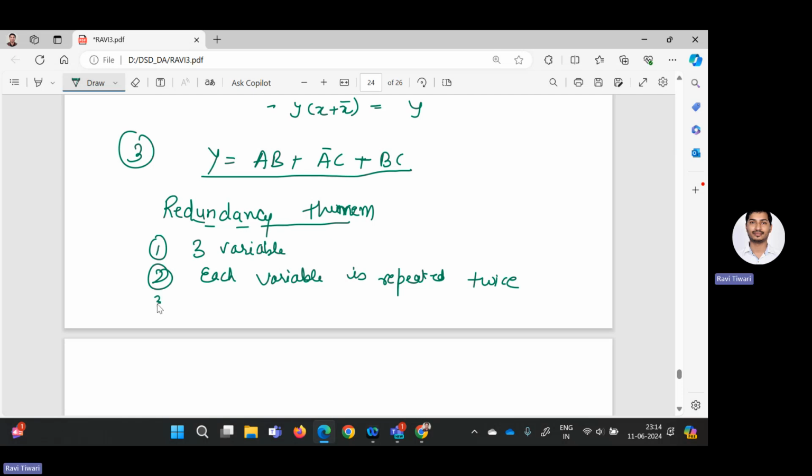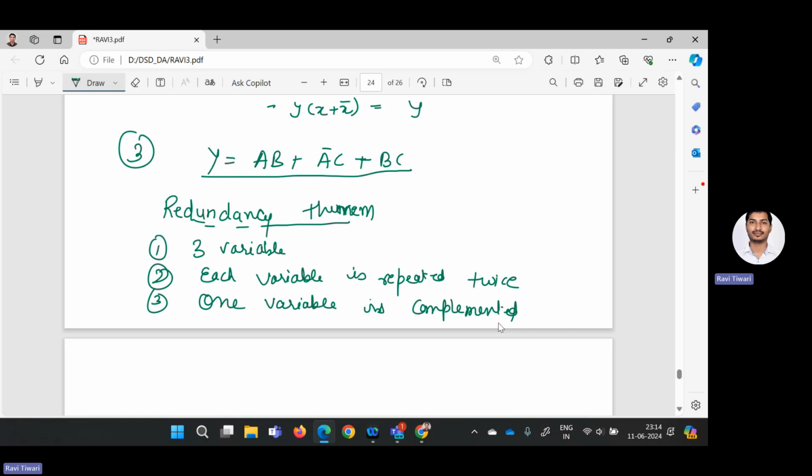And third, one variable is complemented. Then we can apply the redundancy theorem. So let's see whether in this expression these three conditions are satisfied or not.